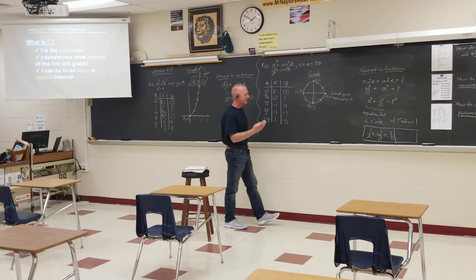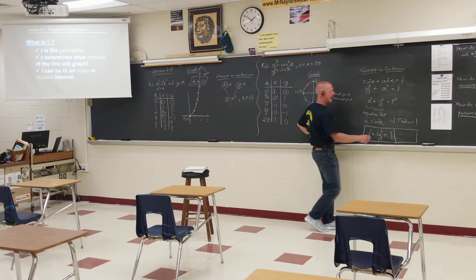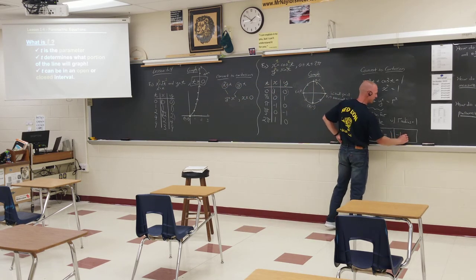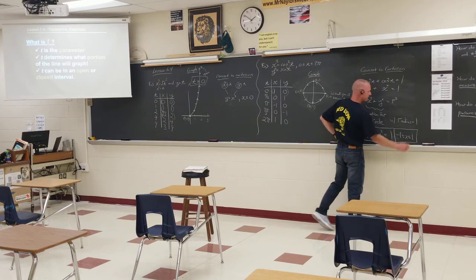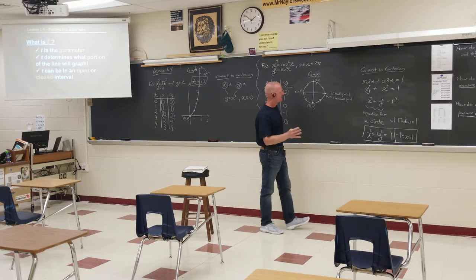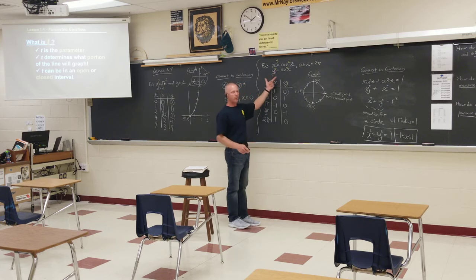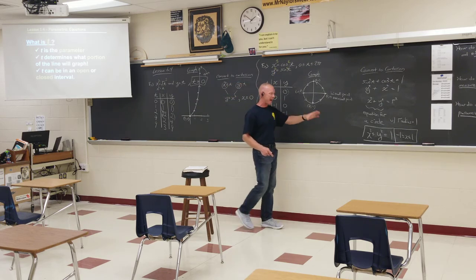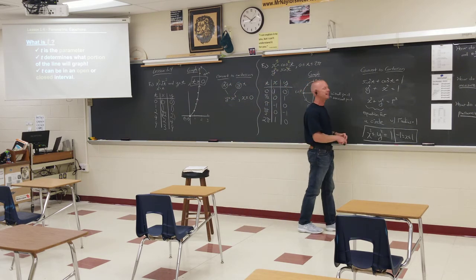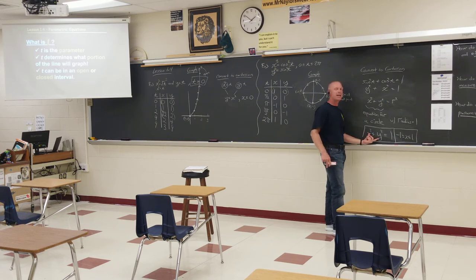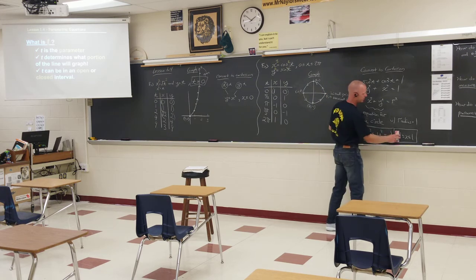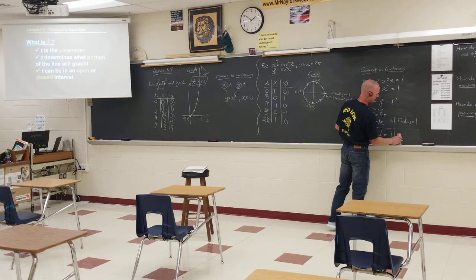It would be redundant to go over here and say that x has to be maybe between -1 and 1, because that's already what is happening based on my equations. So I don't need a restriction for this one.